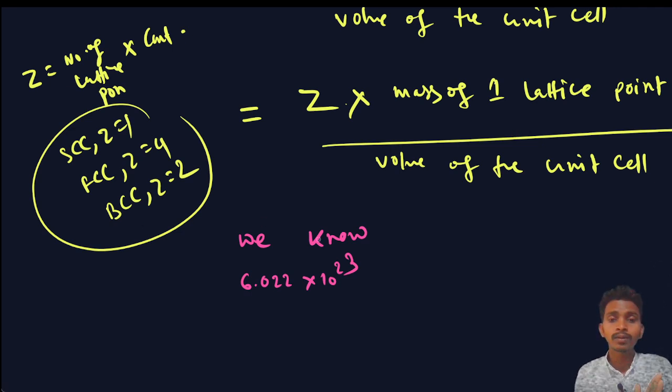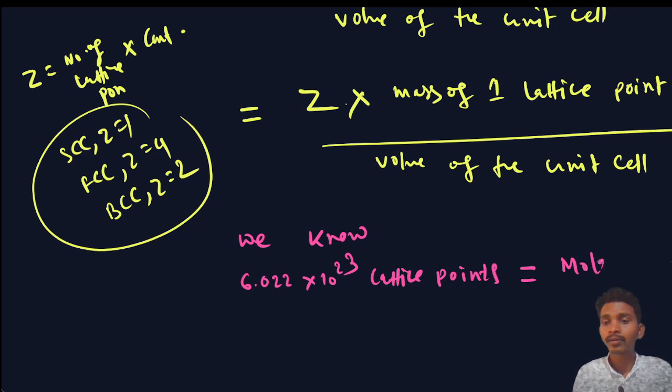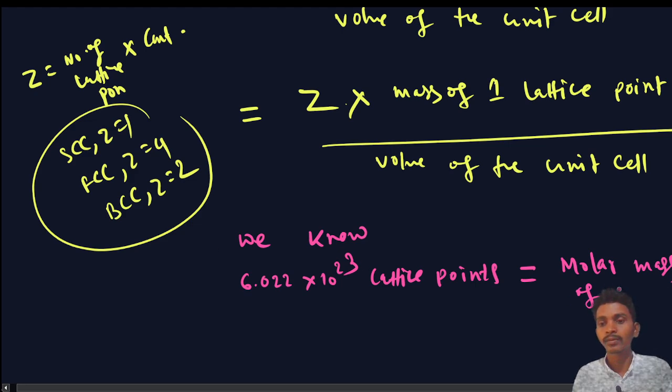So what we will do is, we know that 6.022 into 10 to the 23 lattice points or particles have the mass equal to the molar mass. Okay, so 6.022 into 10 to the power 23 lattice points have the mass that is equal to the molar mass of the lattice point.